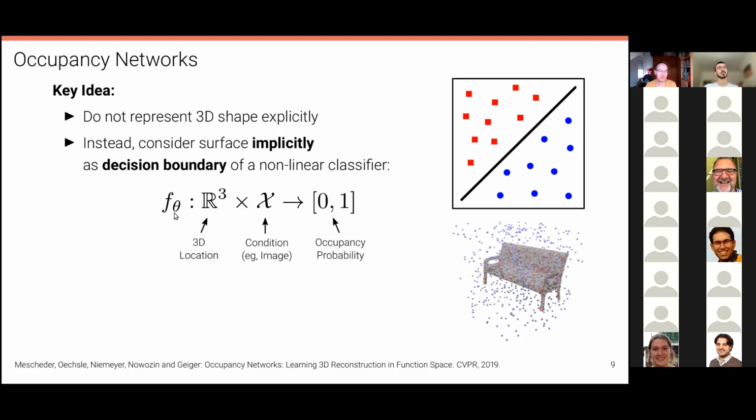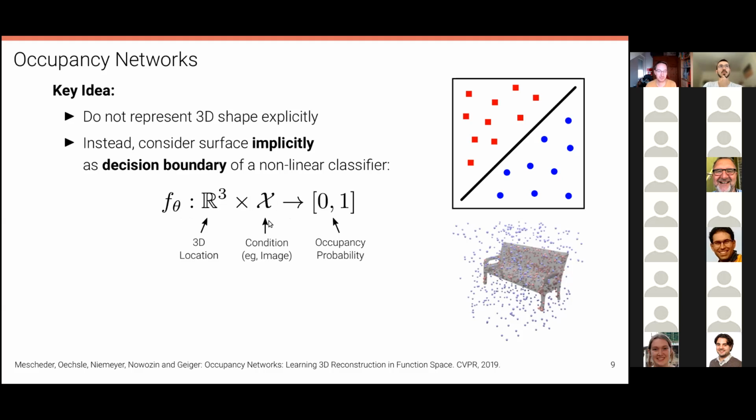And the parameters of this neural network, theta, are the representation of the shape.